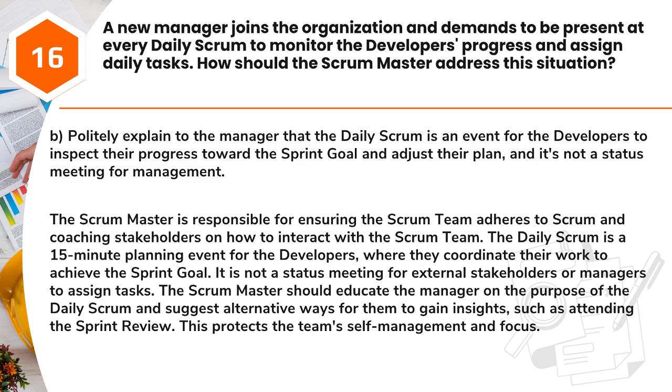The daily Scrum is a 15-minute planning event for the developers, where they coordinate their work to achieve the sprint goal. It is not a status meeting for external stakeholders or managers to assign tasks. The Scrum Master should educate the manager on the purpose of the daily Scrum and suggest alternative ways for them to gain insights, such as attending the sprint review. This protects the team's self-management and focus.